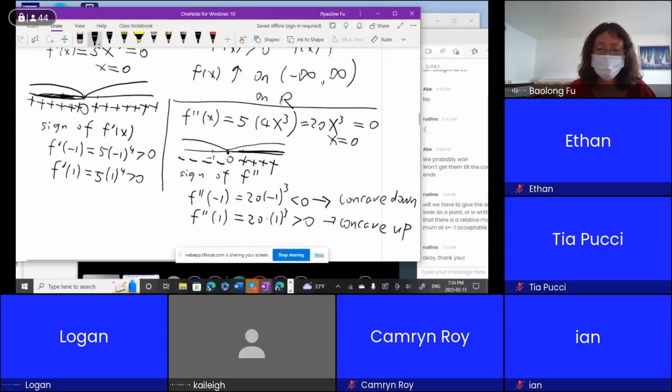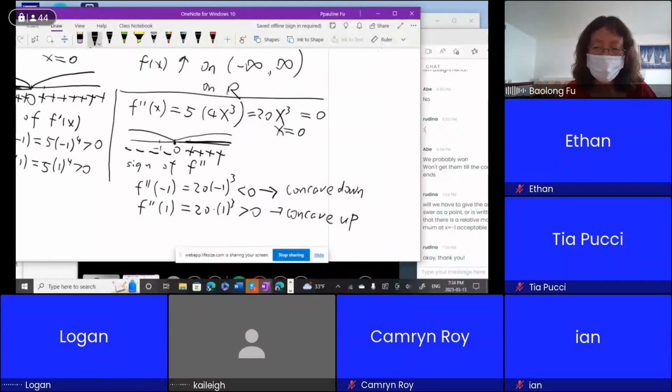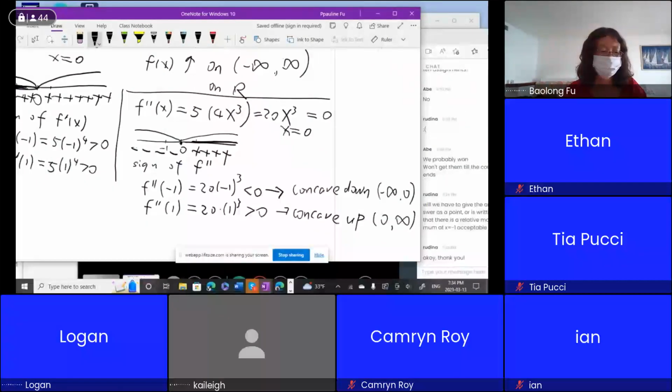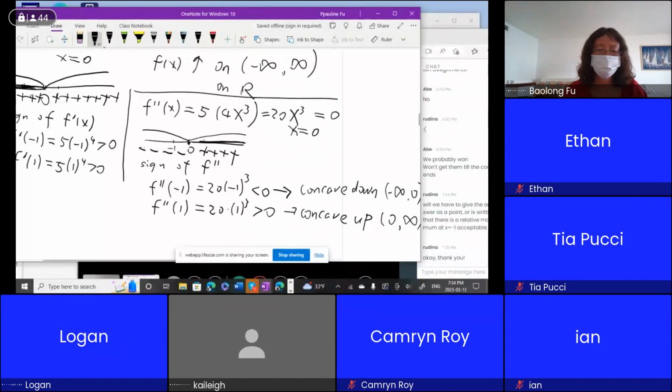So specifically, concave up happens in 0 to positive infinity, and concave down happens in negative infinity to 0. Any questions?